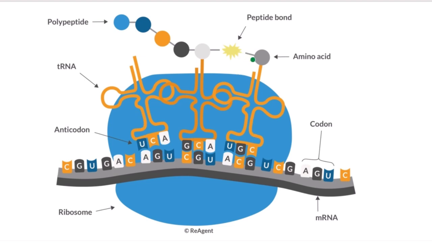And what is happening here is that all these amino acids, with the help of the ribosome as well as the tRNA and mRNA, produce the protein chain. What you see here is the peptide, that is the protein chain. These amino acids are combined with the peptide bond to make the protein.